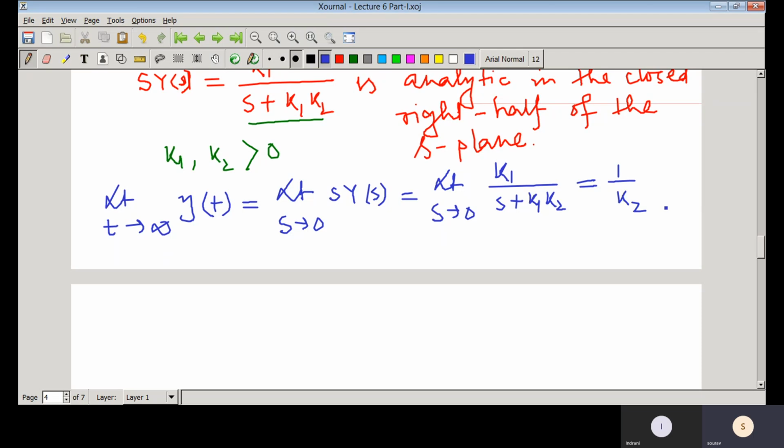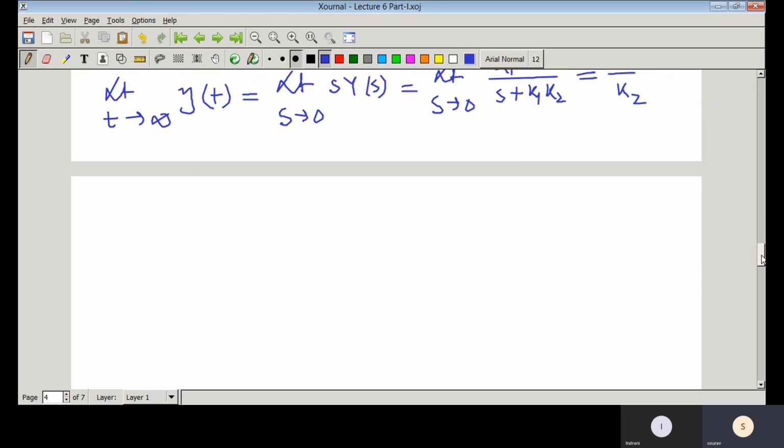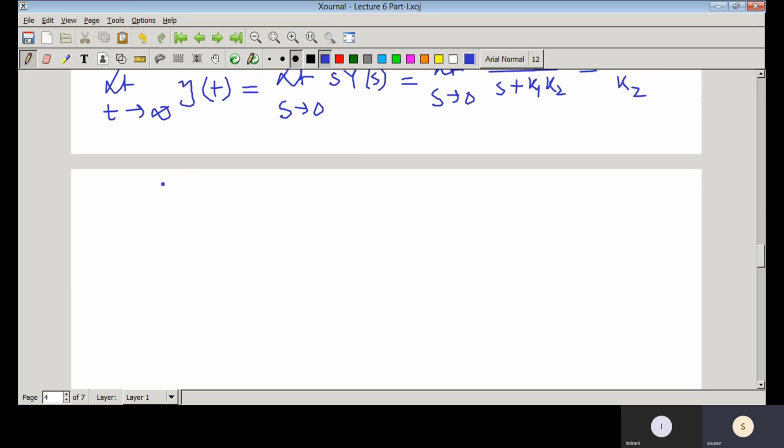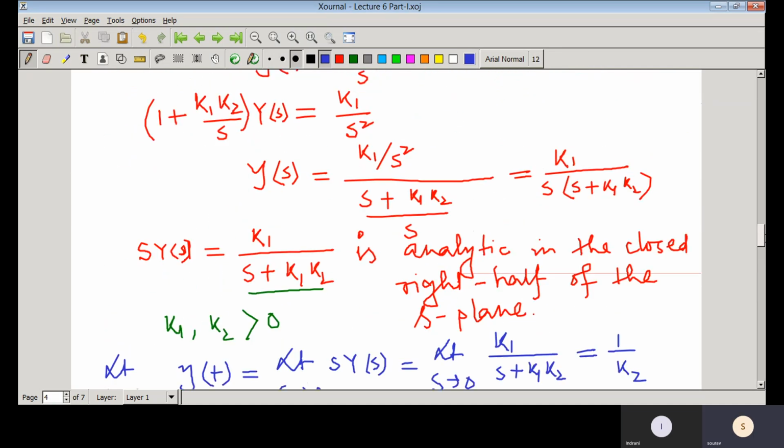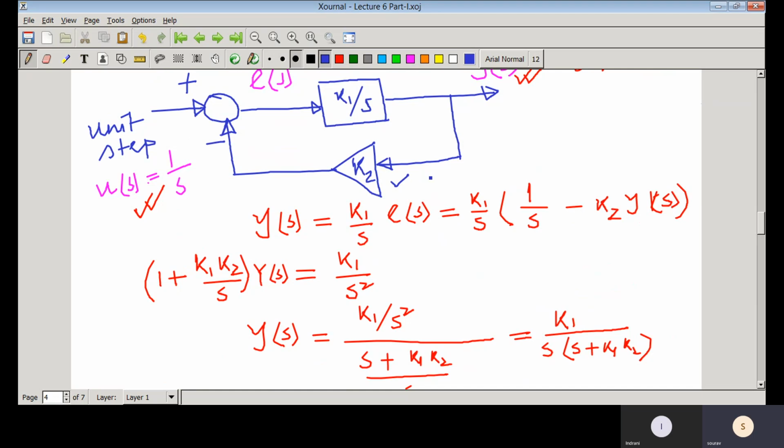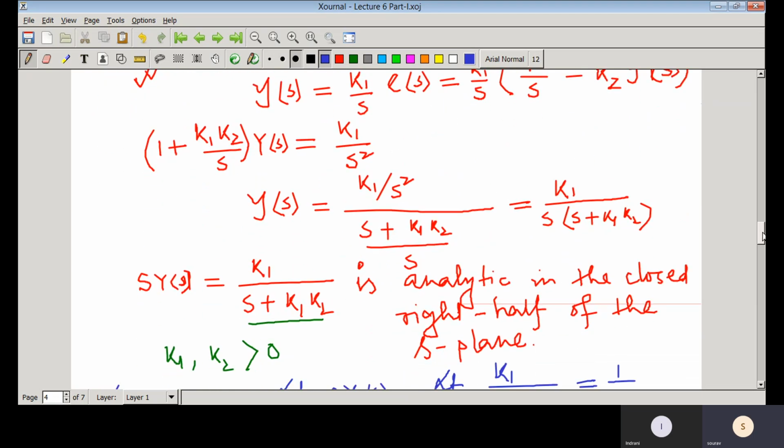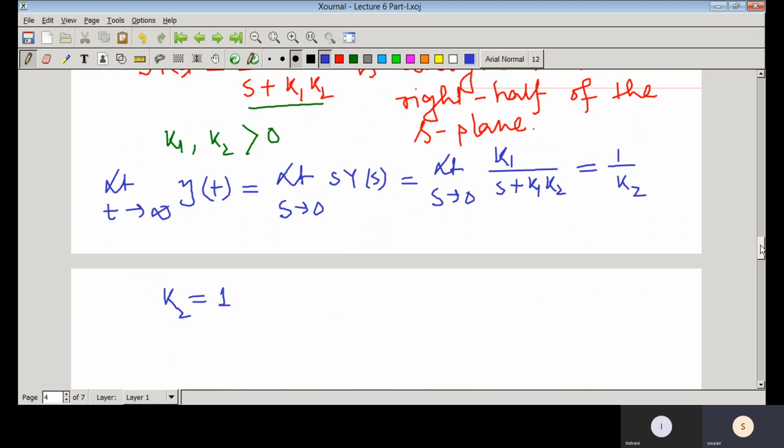Now if you take different values of K1 and K2, suppose K2 equal to 1. That means unity feedback, and you will get y(t) equal to 1 when t tends to infinity. That is the steady state value.